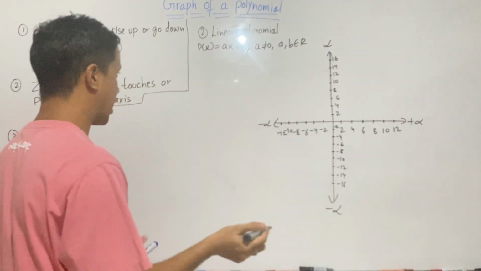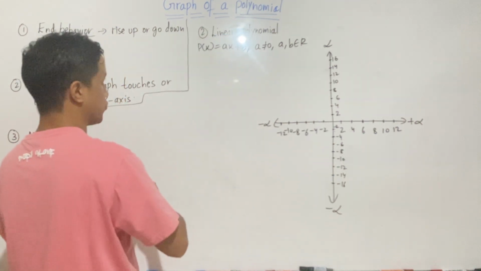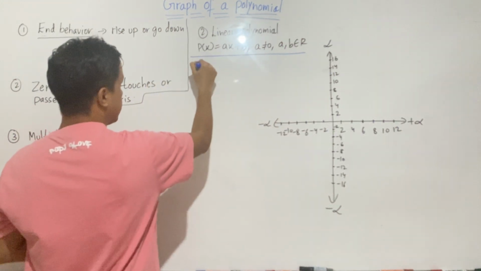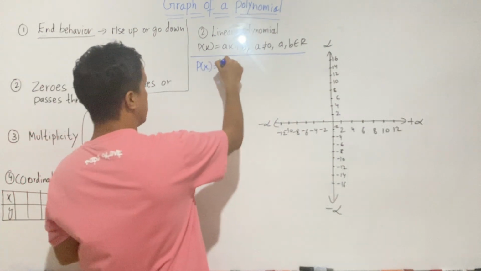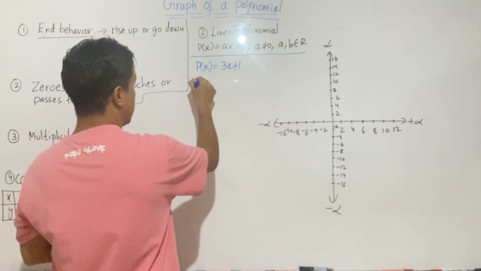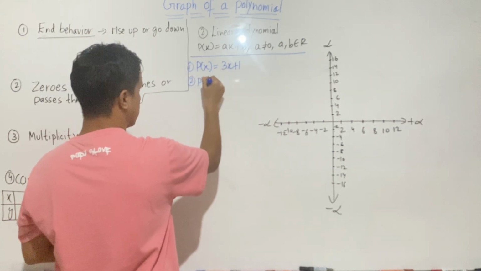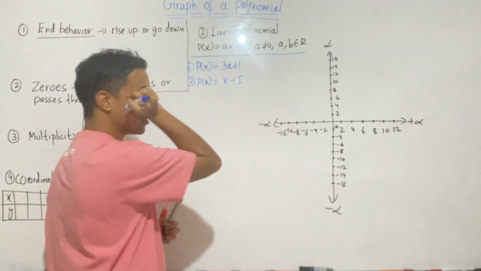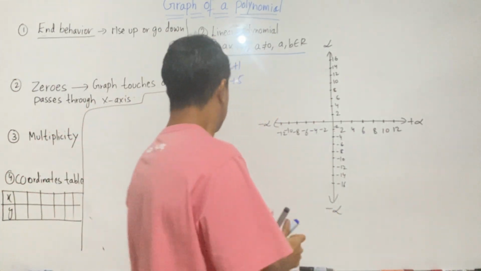Now let's take an example. For example, we have to draw the graph of p(x) equal to 3x plus 1. This is one example. Another is p(x) equal to x plus 5.